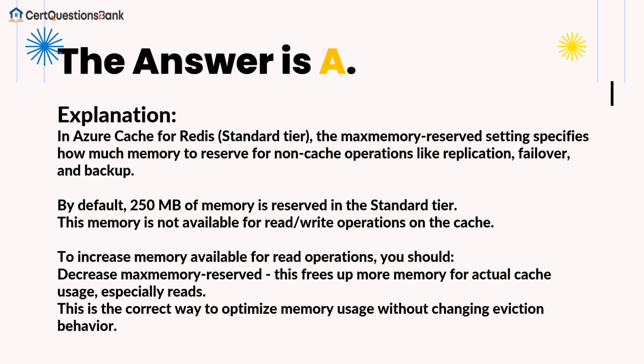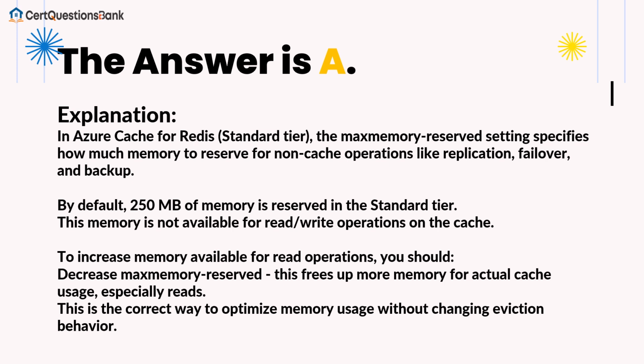In Azure Cache for Redis, standard tier, the maxmemory-reserved setting specifies how much memory to reserve for non-cache operations like replication, failover, and backup. By default, 250 megabytes of memory is reserved in the standard tier.